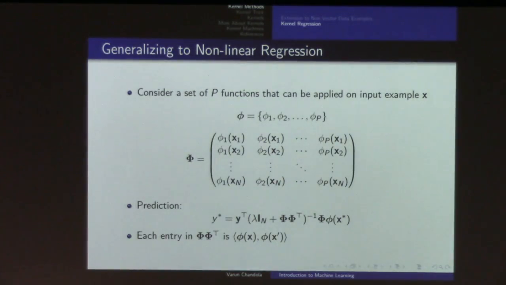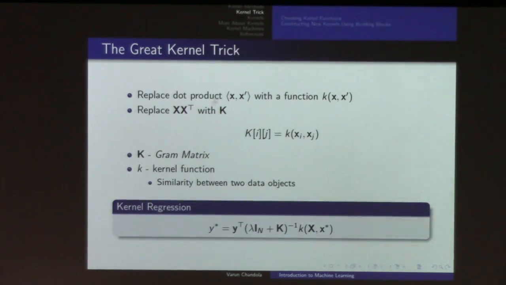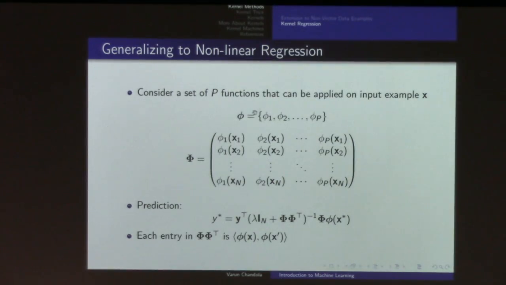So that's the idea here. What kernel methods do is they say, hey, if everything is essentially trying to compute a dot product between your features, your raw features or your new features, how about directly using functions that compute some similarity? Here you are explicitly mapping each data point into a new space.